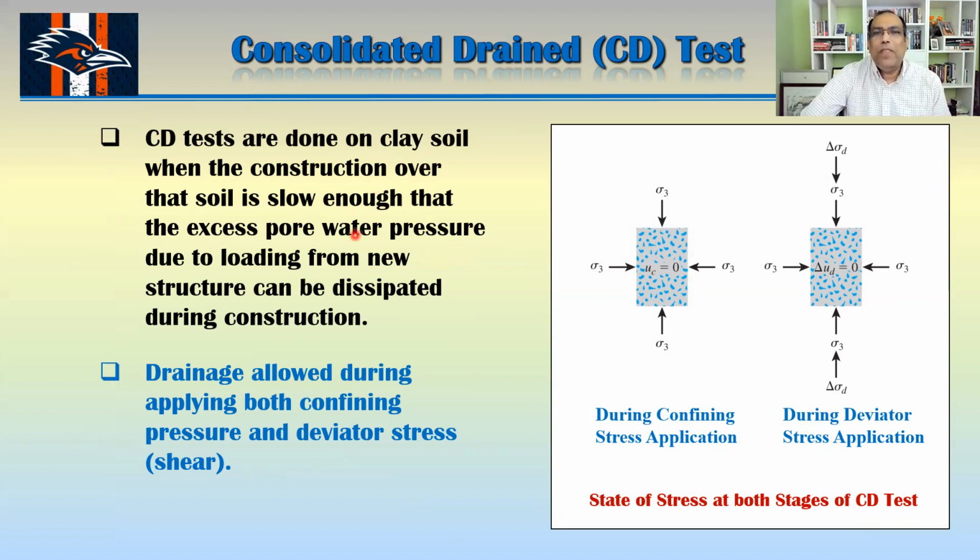If you see that the soil can drain, or the consolidation can occur, before the construction period, and the pace of construction is slow enough that the excess pore water pressure that develops because of the new structure can dissipate very quickly with the construction, that's basically the situation we are talking about.